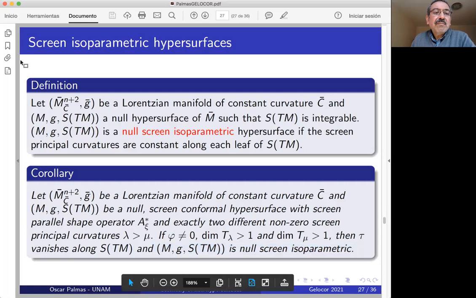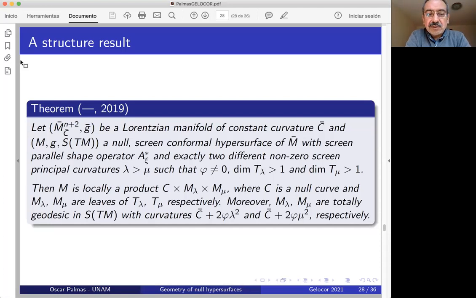And so we have this kind of result. With this hypothesis, a screen conformal null hypersurface with a screen parallel shape operator and two different non-zero screen principal curvatures with this condition on the dimensions of these distributions, then M is locally a product of this form, where C is a null curve, an integral curve of our vector field xi, and M lambda and M mu are leaves of these distributions.